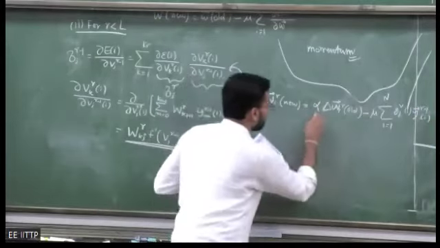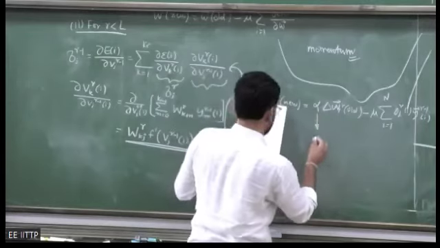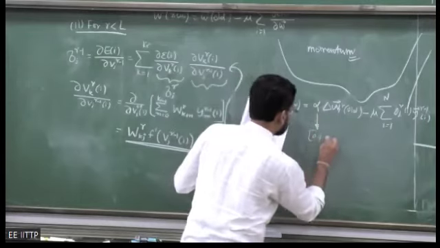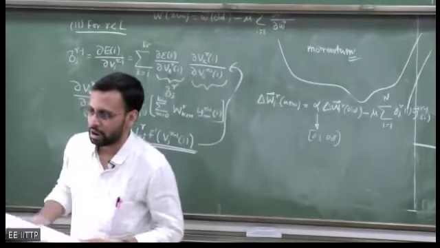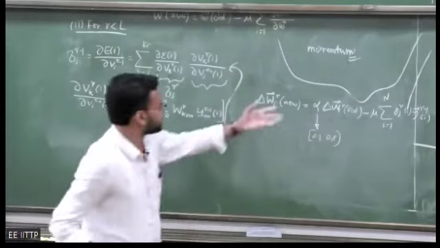And typical values of this alpha, you empirically choose some value between 10% to 80% of your previous weights that you have got.